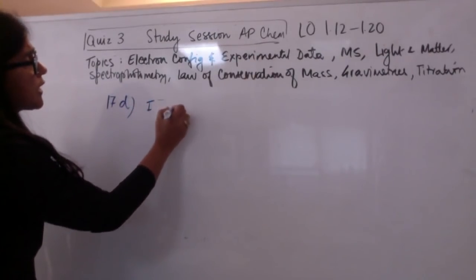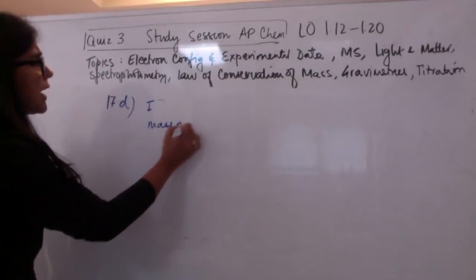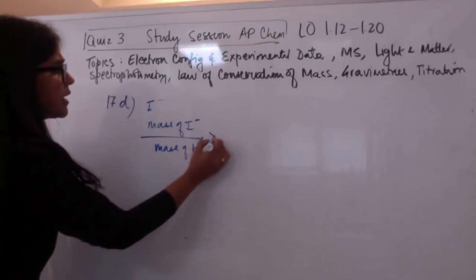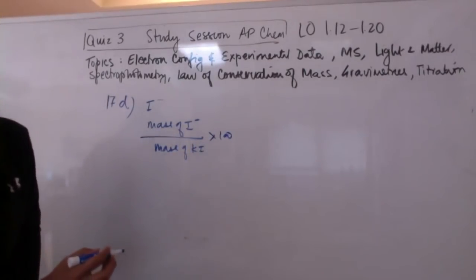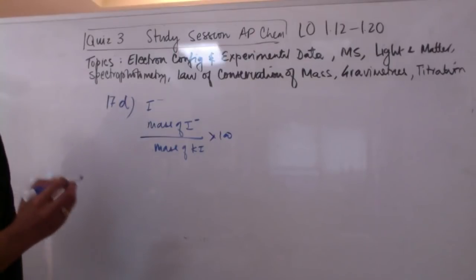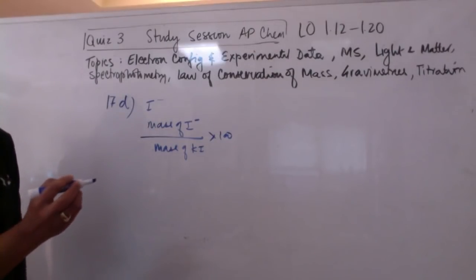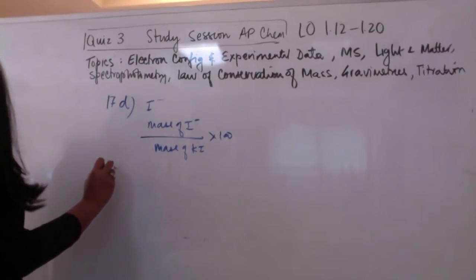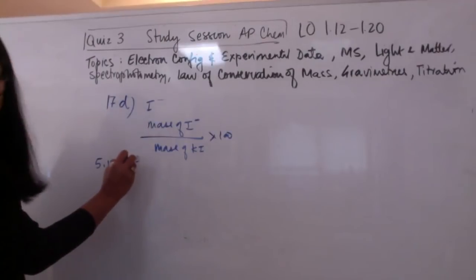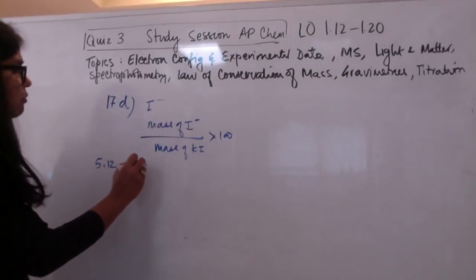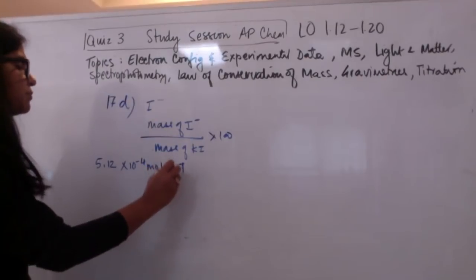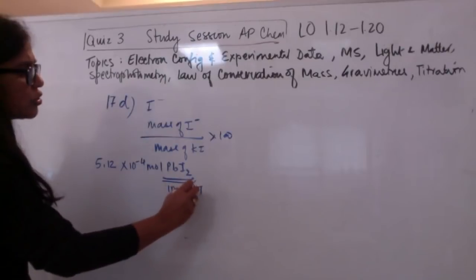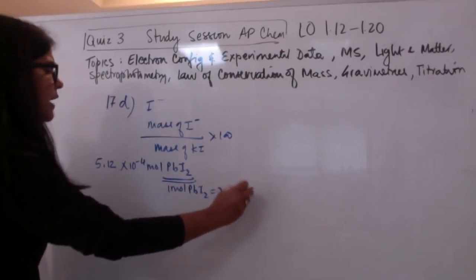So mass percent of I minus will be mass of I minus over mass of KI times 100. Mass of I minus is how you get it. You did moles of PbI2 in part C, right? You had 5.12 times 10 to the negative 4 moles of PbI2, right? And if you look at the formula of PbI2, in 1 mole of PbI2, there are 2 moles of I minus, right?